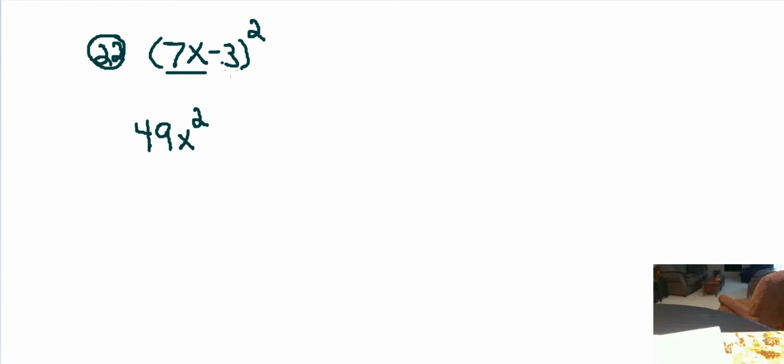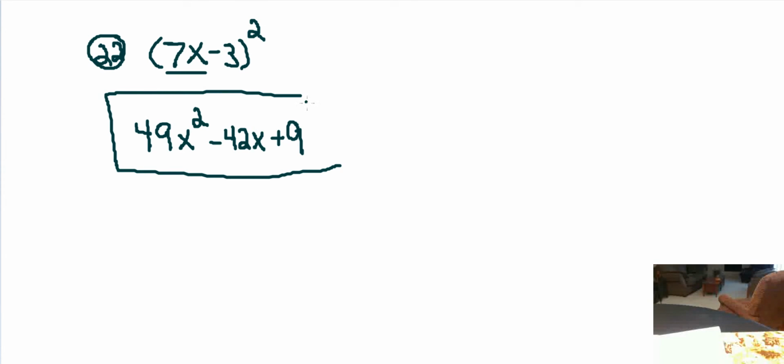I'm going to take the last term, that negative 3, and square it, and that's going to be 9. Positive. And my middle term, therefore, is going to be 2 times negative 3, which is negative 6, times 7x, which is negative 42x. And there is our solution. Problem, answer.